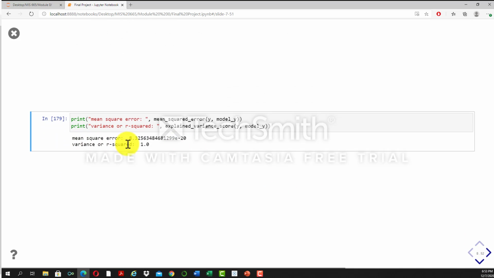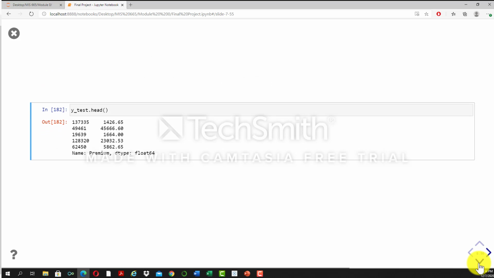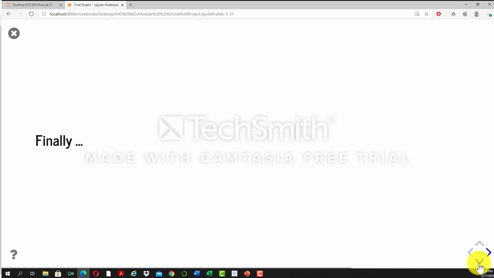Then we have our mean square error to be 8 point negative 20 exponential to 8.3. Then we have our variance to be 1. That's our R square is going to be 100%. We then use our X test to predict y to make our prediction, and we compare it to y variables.